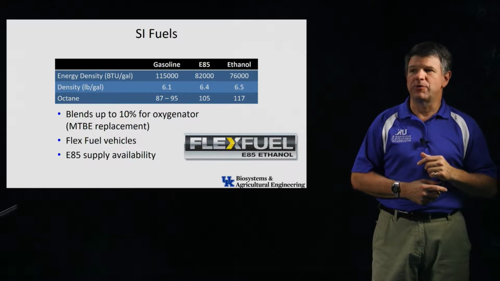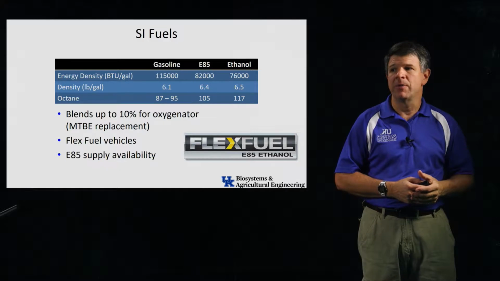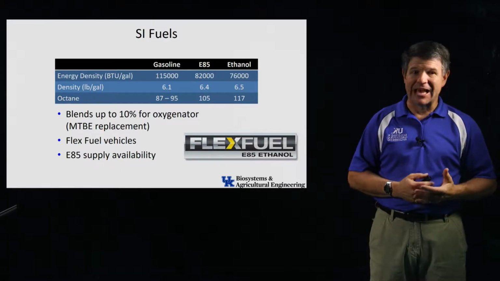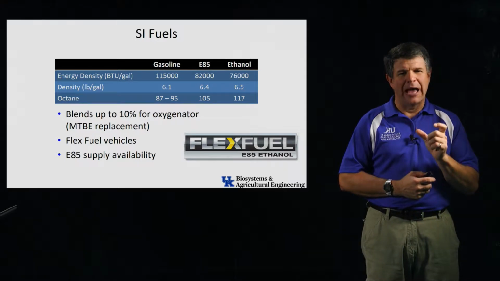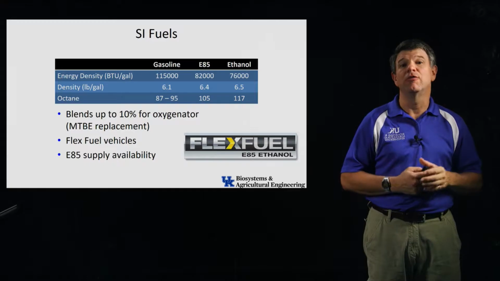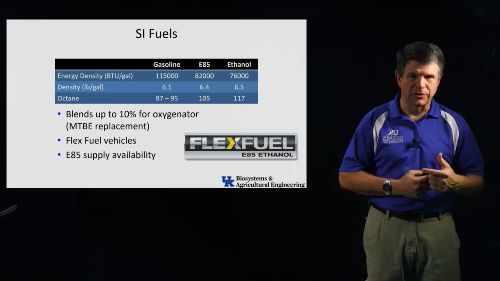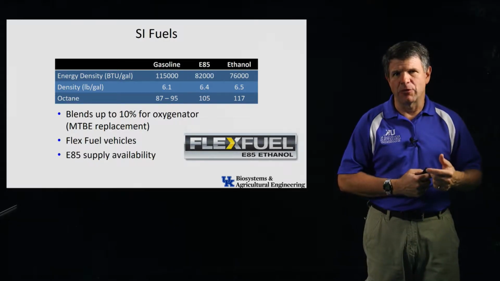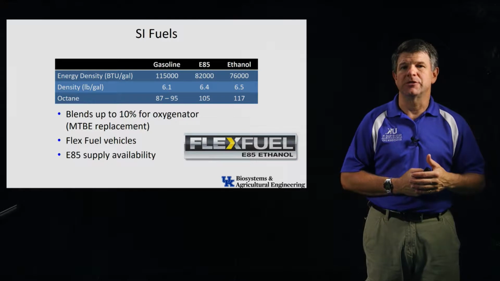All right, so typically most of our gasoline supply is a blend with ethanol, and ethanol acts as an oxygenator. I mentioned that in the last module, where we add oxygen molecules into the fuel molecule. It makes it burn better because we don't have to be as concerned about how the fuel gets mixed with the air in the combustion chamber.